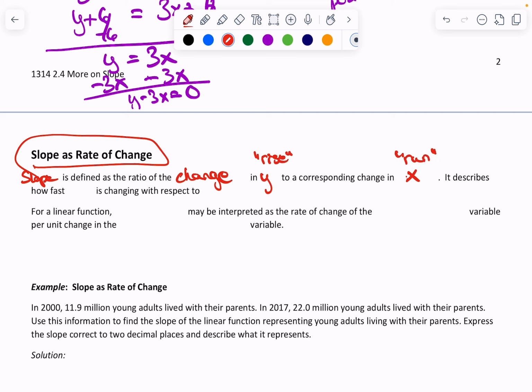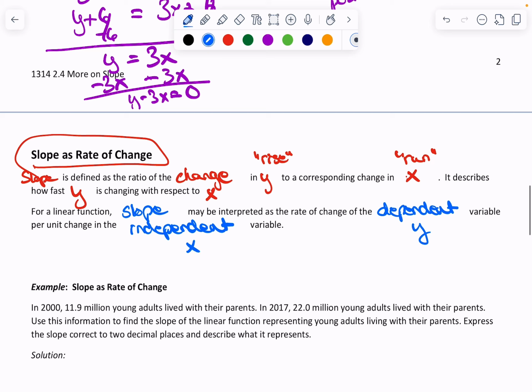It describes how fast y is changing with respect to x. For a linear function, so a line, slope may be interpreted as the rate of change of the dependent variable per unit change in the independent variable. Dependent is y and independent is x.